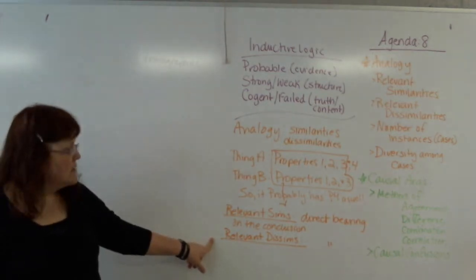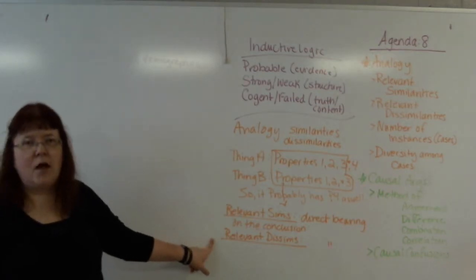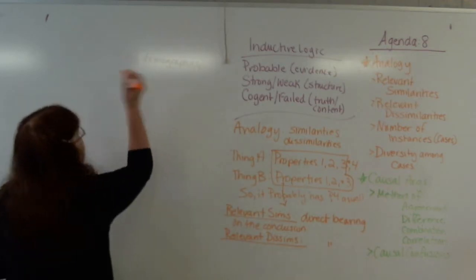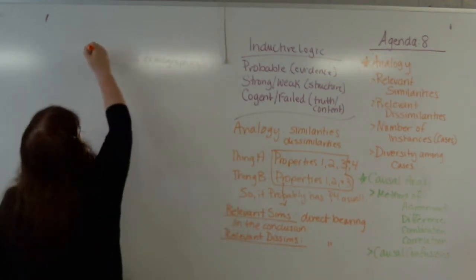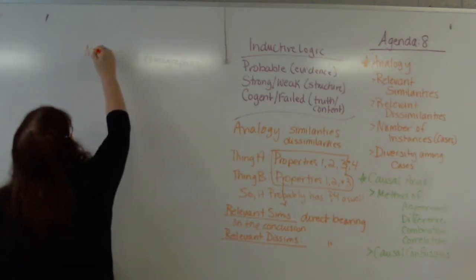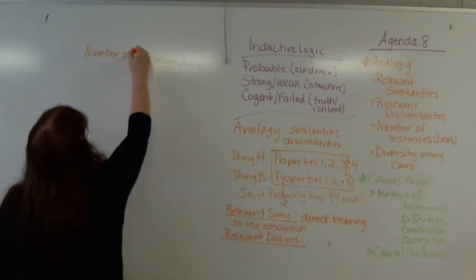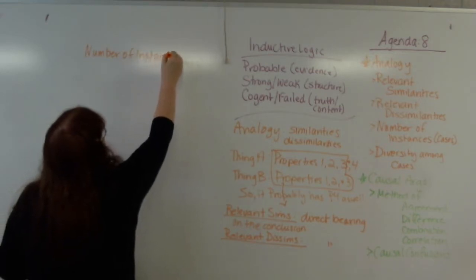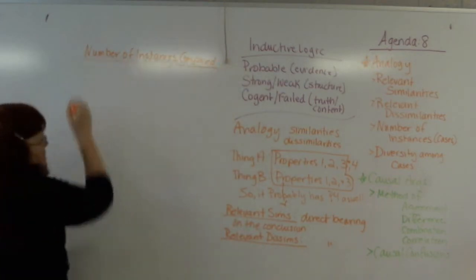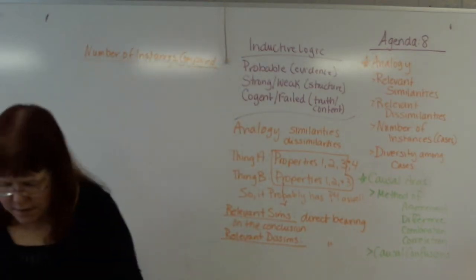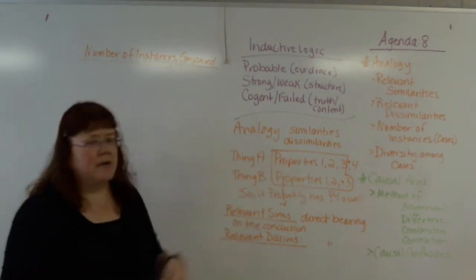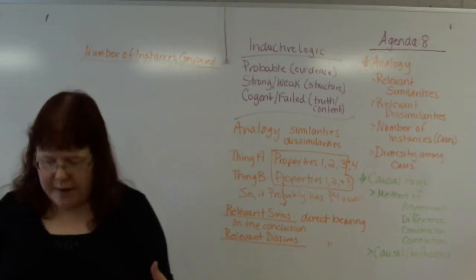Now, there are 2 other things we can look at that can help us make a better conclusion. One is the number of instances compared. If we're looking at the number of relevant properties, how many of these do we compare?